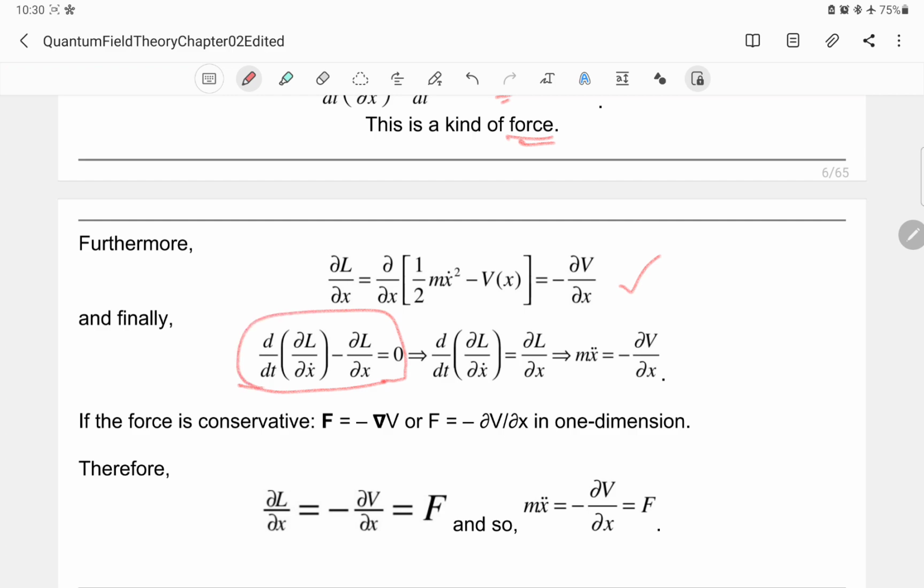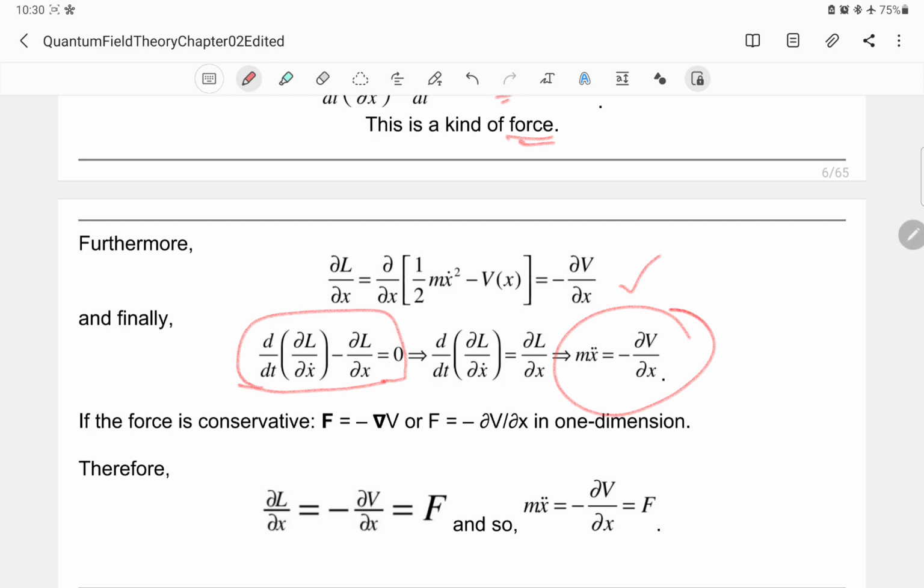What can we say about this? If the force is conservative, the potential can be derived by integrating the force.